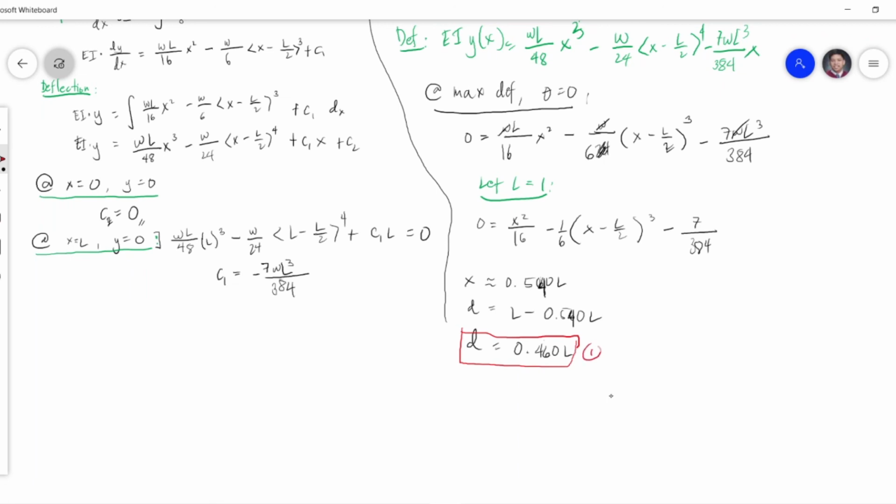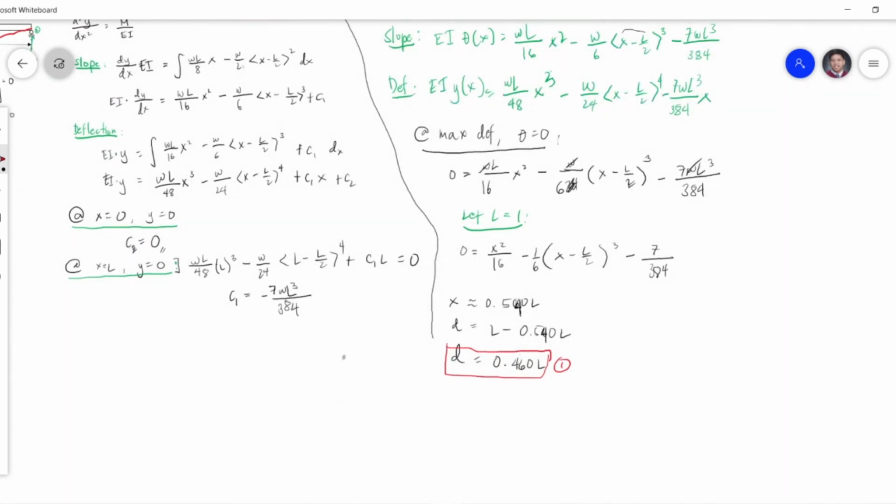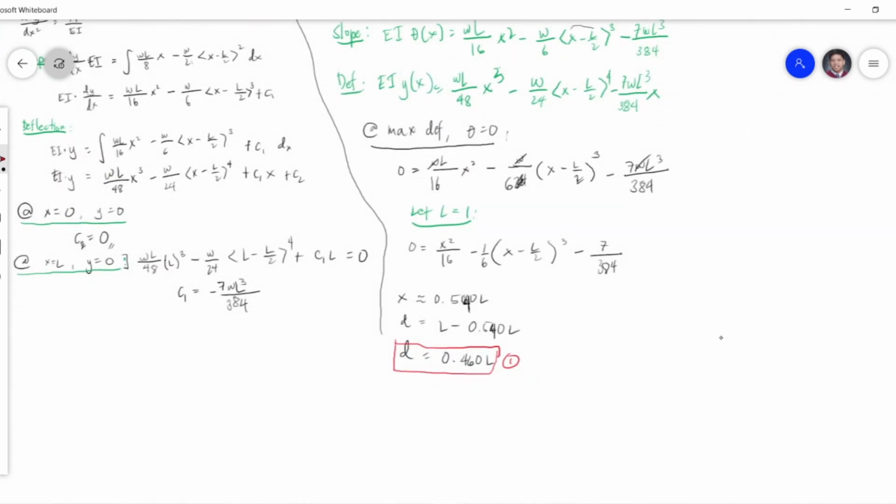Now, for item 2, hahanapin natin yung maximum deflection. So, that's just substitution.